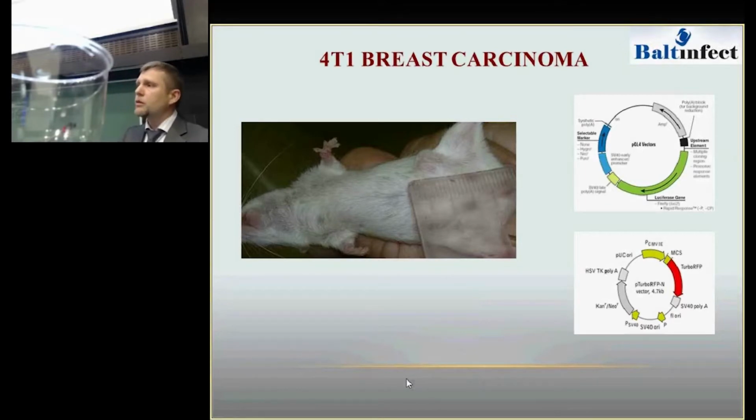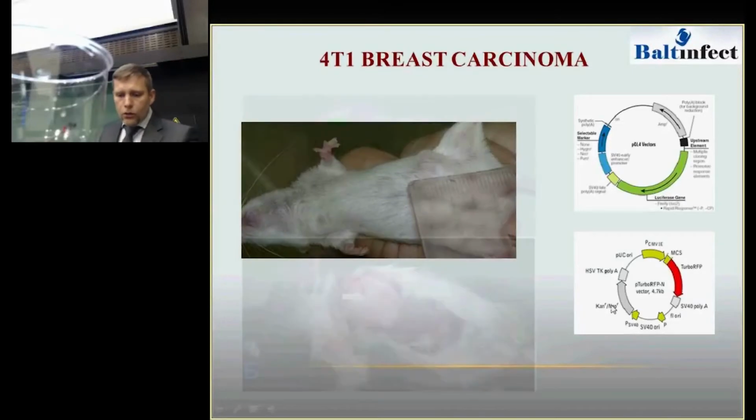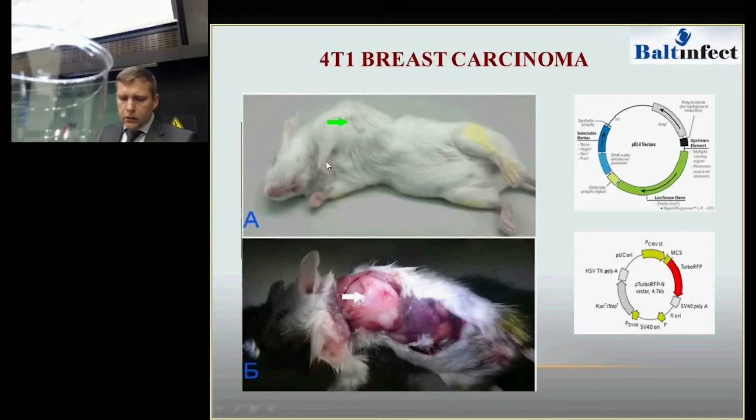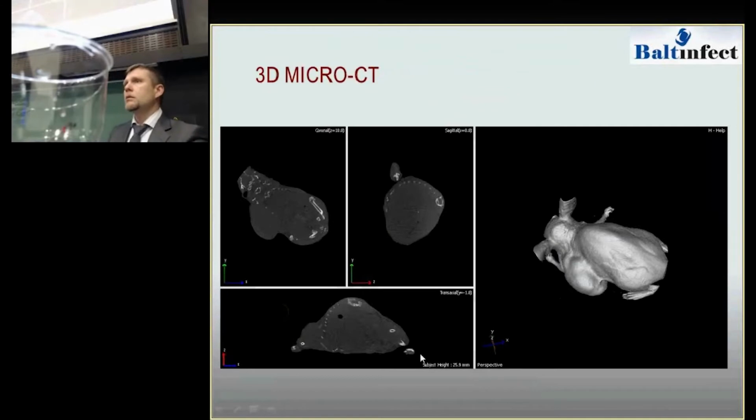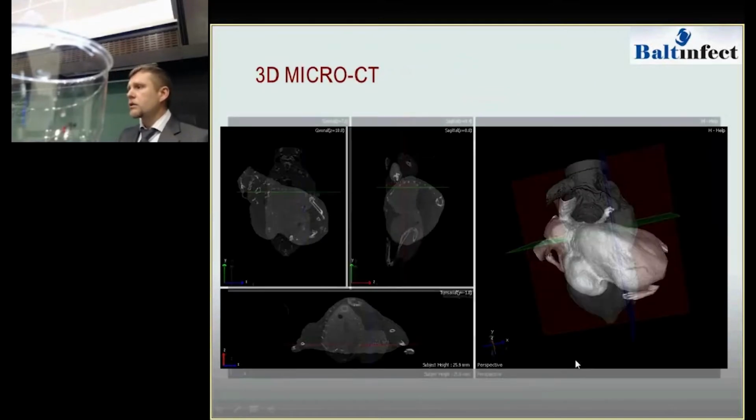So we produced a model using 4T1 cells obtained from ATCC, and we modified those cells with a vector with a gene of luciferase and with a red fluorescent protein.